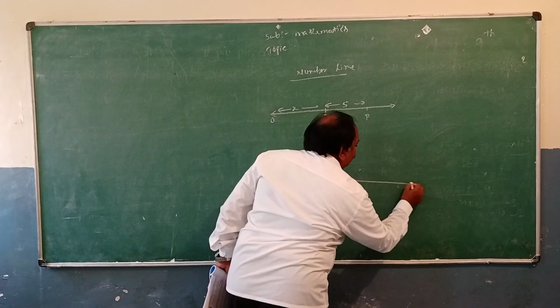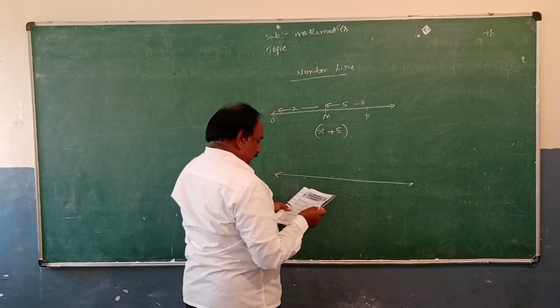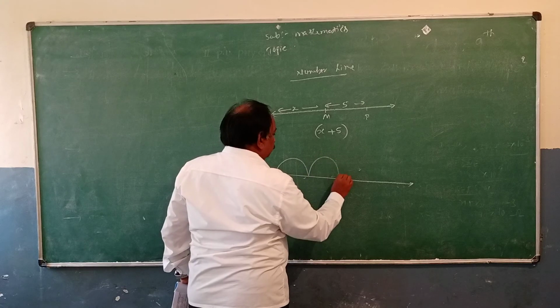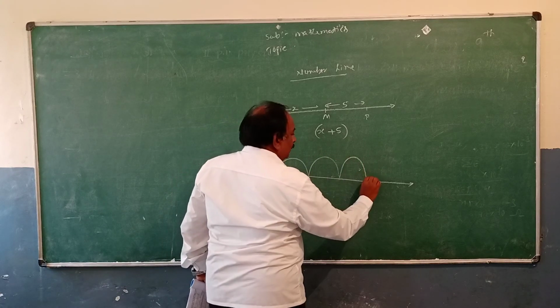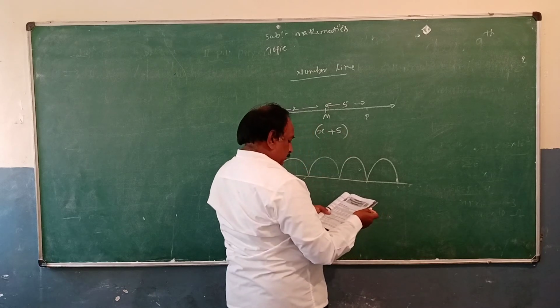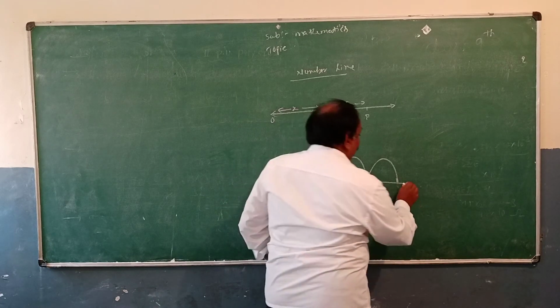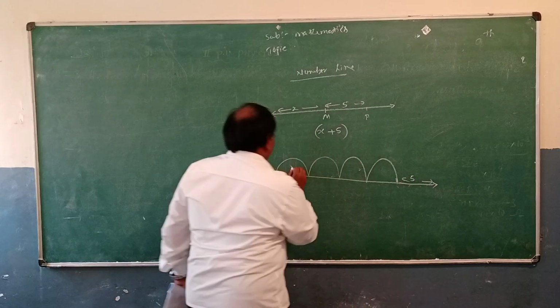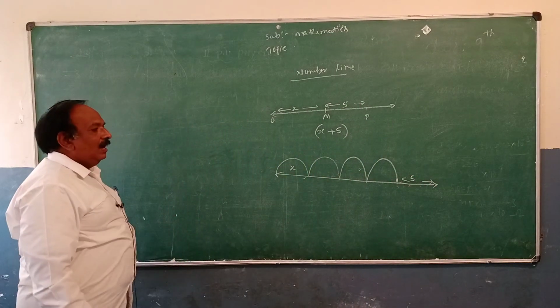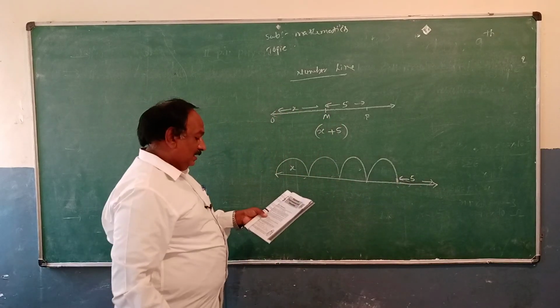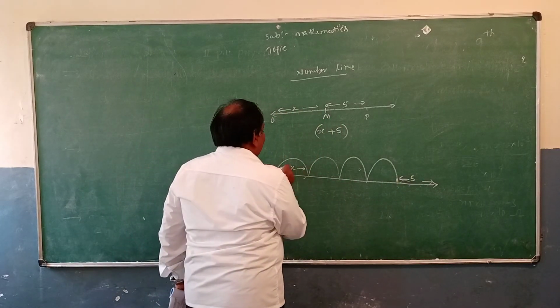Now consider 1, 2, 3, 4, and this is 5. The distance is x.